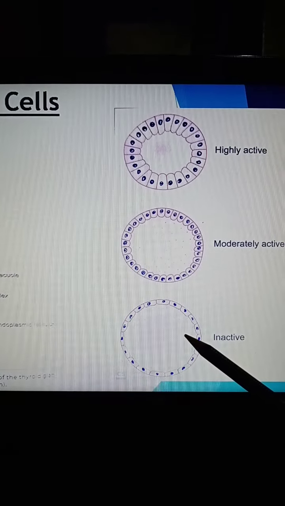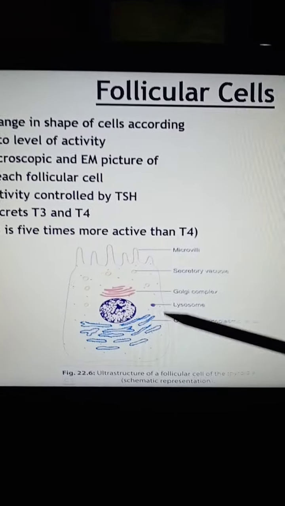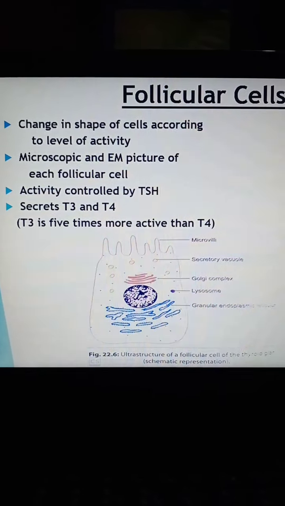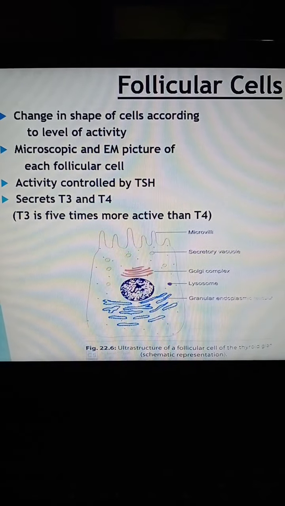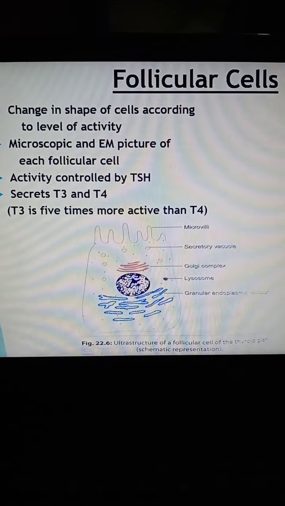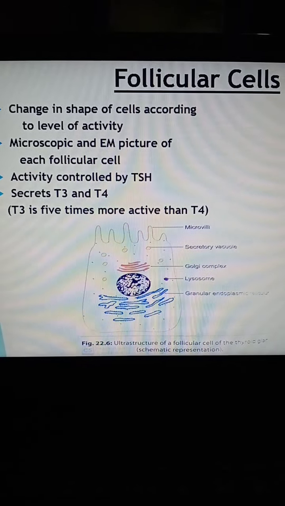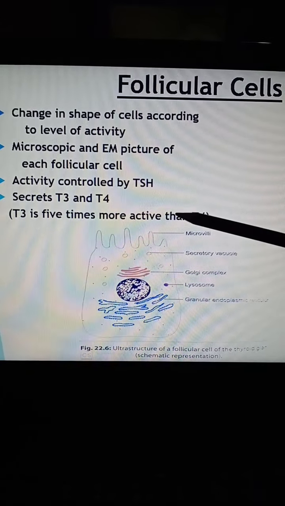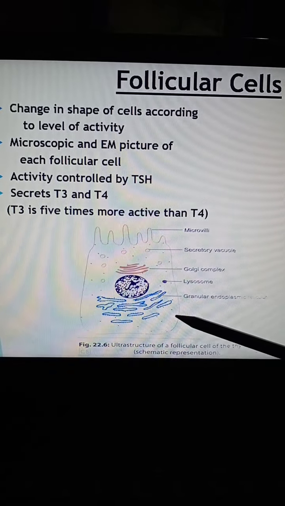Then the next thing is the ultramicroscopic picture of this follicular cell. When you see a single follicular cell under the electron microscope, the follicular cell shows the presence of apical microvilli, with abundant granular endoplasmic reticulum.